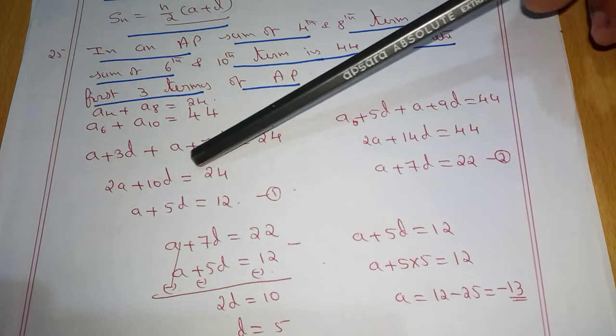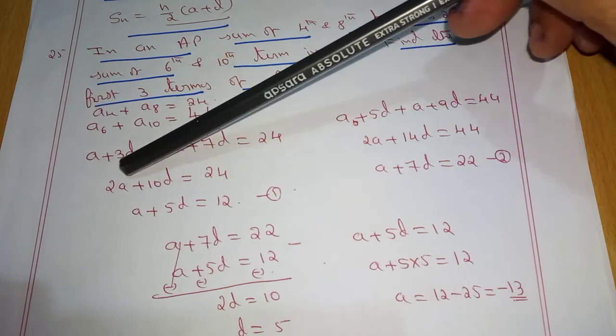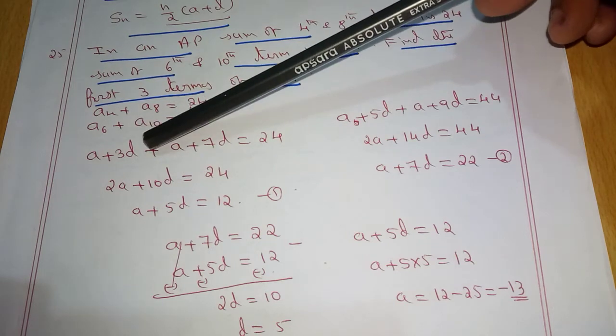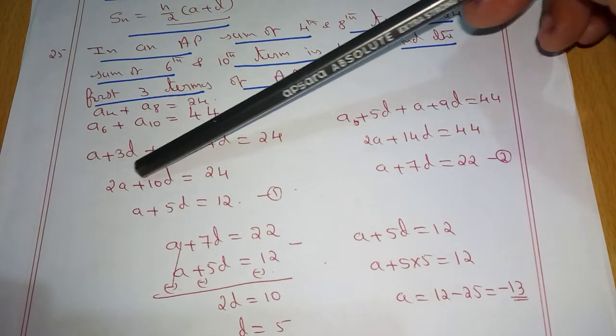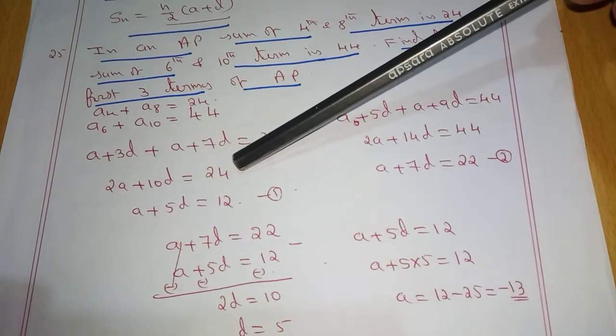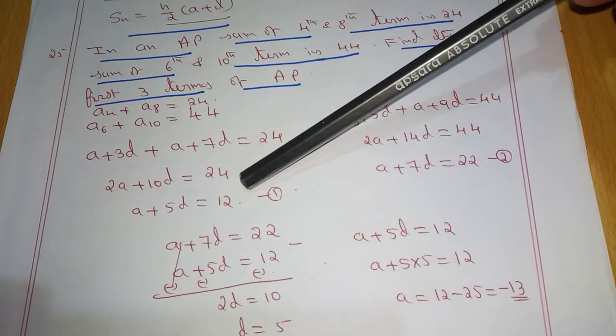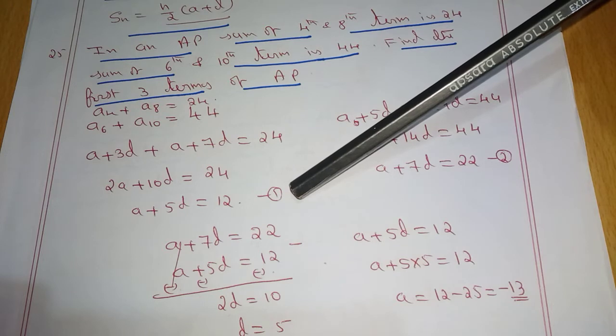Can you identify the common factor? Yes, very good, 2 is the common factor. So let us divide this relation by 2. A plus 5D is equal to 12. Let it be equation 1.